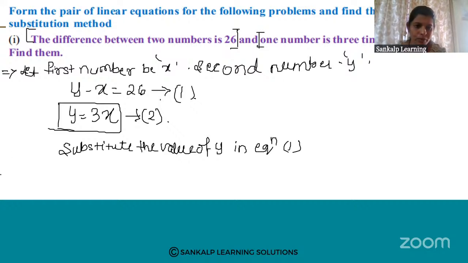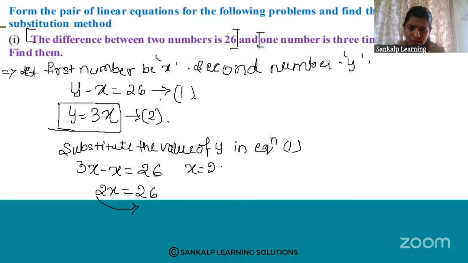So what is equation number 1? y minus x is equal to 26. y value is 3x. 3x minus x is equal to 26. You will get 3x minus x is 2x is equal to 26. Transfer this 2 to this side. You will get x is equal to 26 divided by 2. That is 2 ones are 2, 2 thirteens are 26. x value is 13.